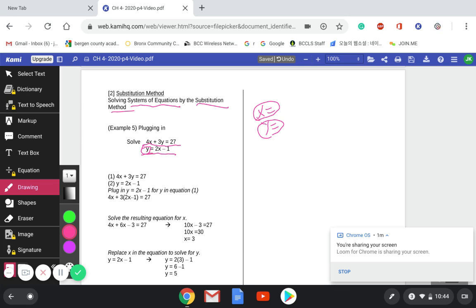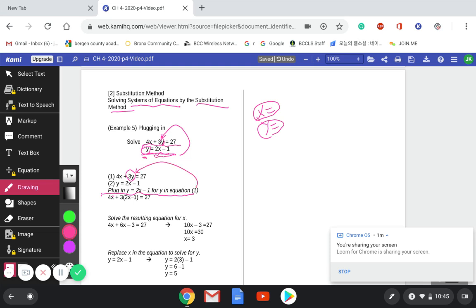This is the time we use the substitution method, because since y equals 2x minus 1, in the other equation I can substitute 2x minus 1 for this y. So plug in 2x minus 1 for y in equation 1.